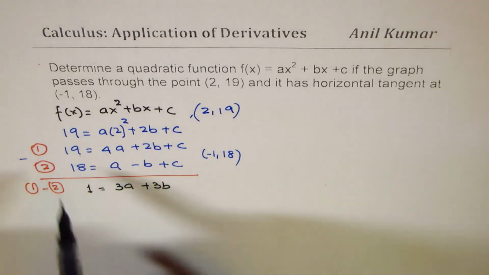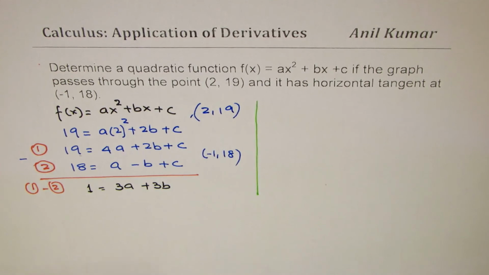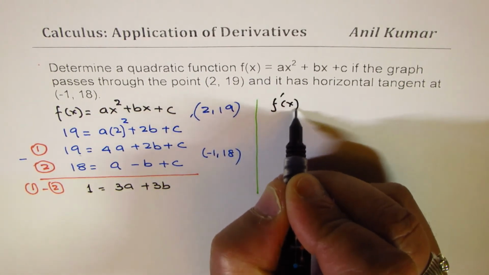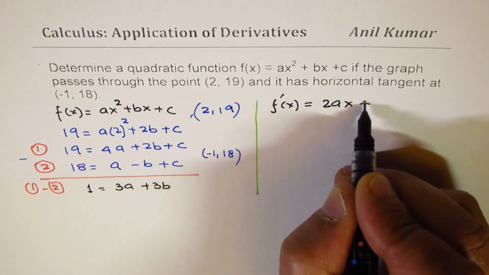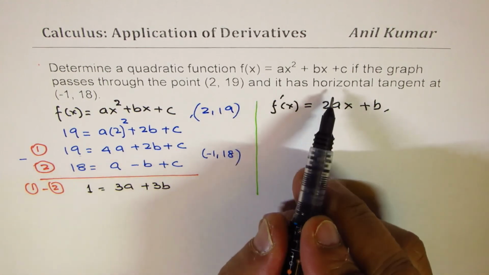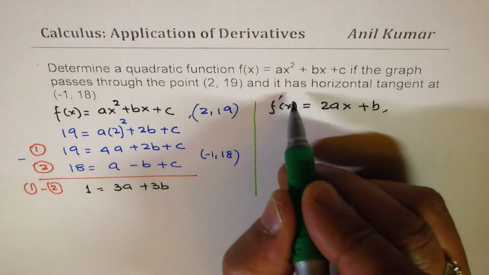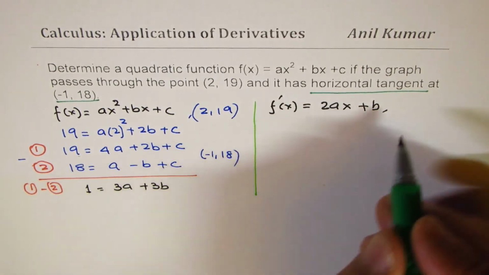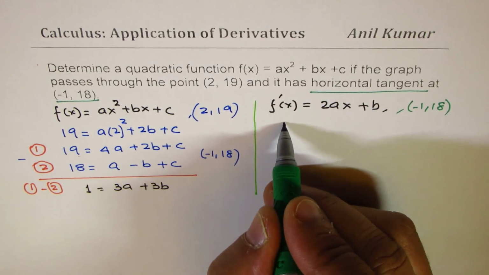Now, we can use the derivative and get the third equation. The derivative of the function is f dash x equals 2ax plus b. Now we know that it has a horizontal tangent line at the given point, that means at minus 1, 18, the derivative should be 0.